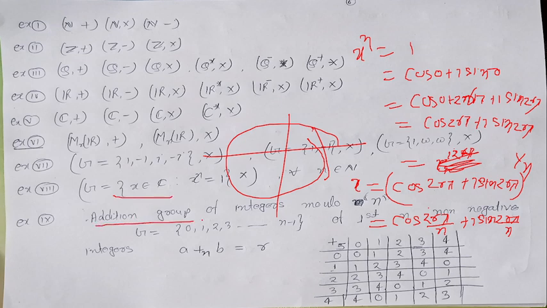And addition group of modulo n, you can see this Cayley table also. If there is addition modulo 5 written there, then you have to write 0 1 2 3 4 with respect to addition.